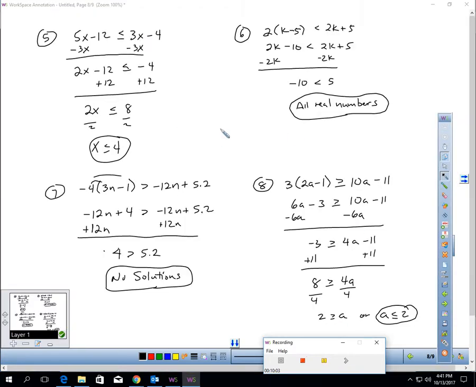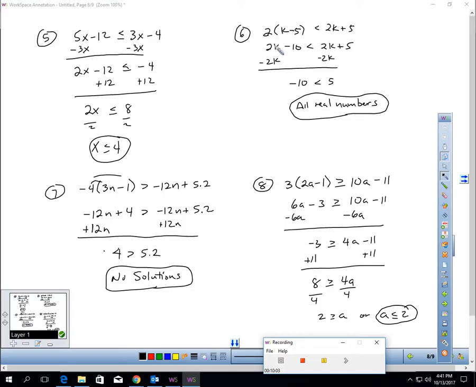Okay, I'm back. Just to keep the video short, I would suggest you pause the video and quickly check your work versus this for numbers 5, 6, 7, 8, which you tried. Remember, simplify each side first, move the variable to one side of the inequality, and solve it.